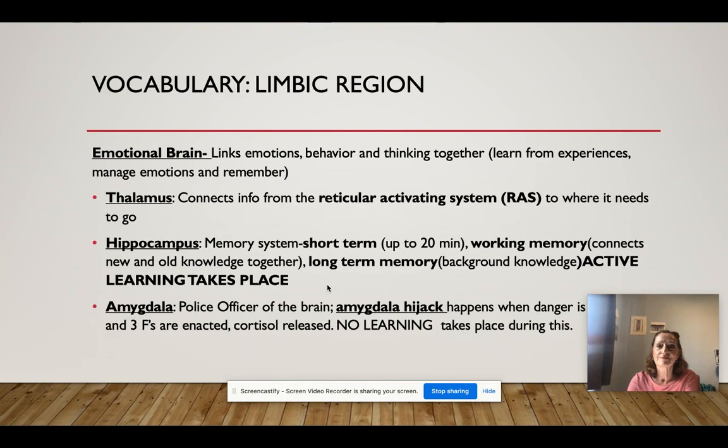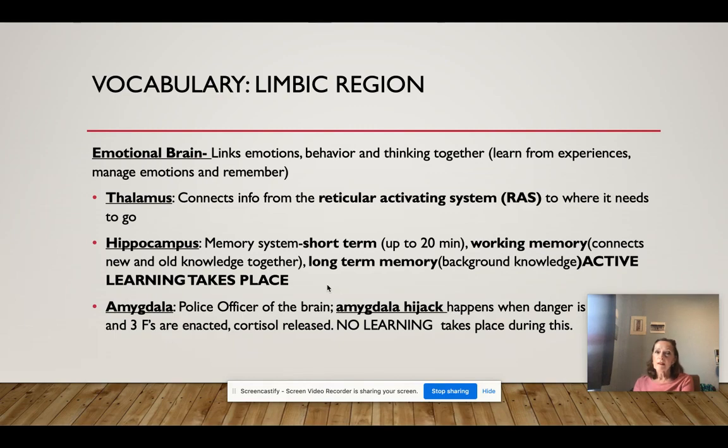Ready to learn. The next region is the limbic region, and this is our emotional brain. It's linking emotion, behavior, and thinking all together. It's this part of our brain where we are learning from experiences, managing our emotions, and remembering.